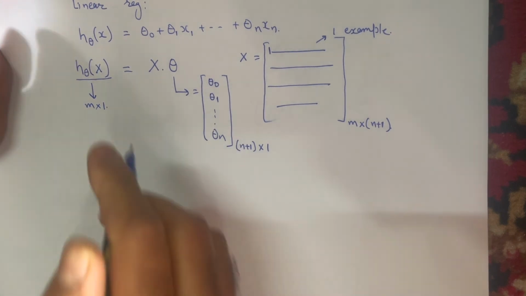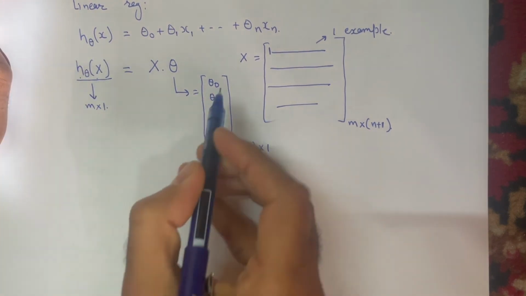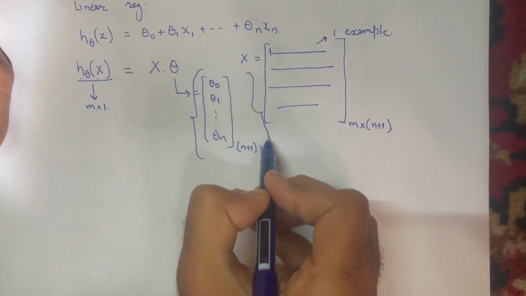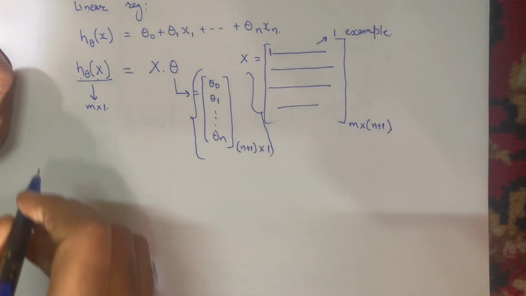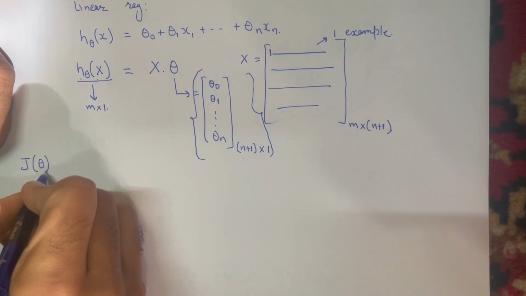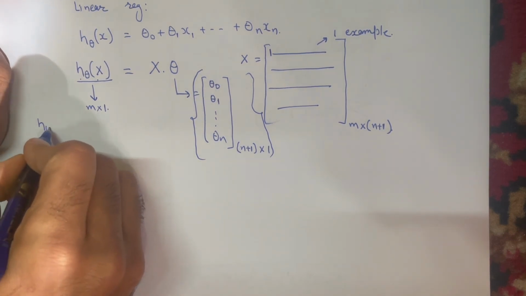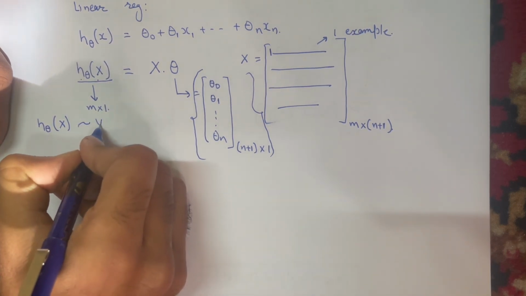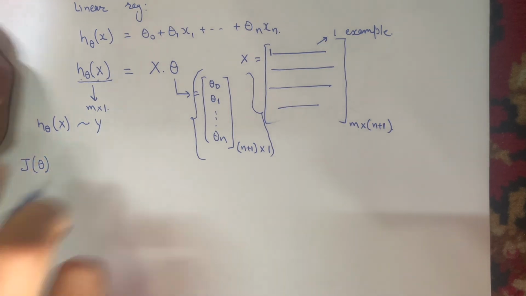Okay, so we want to find a hypothesis function, or we can say we have to find these parameters such that this particular loss j of theta is minimized. Our aim is to make h of theta x as similar as possible to y. y is our actual output.